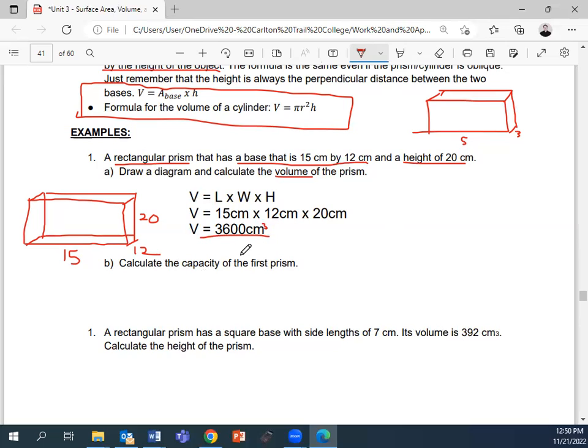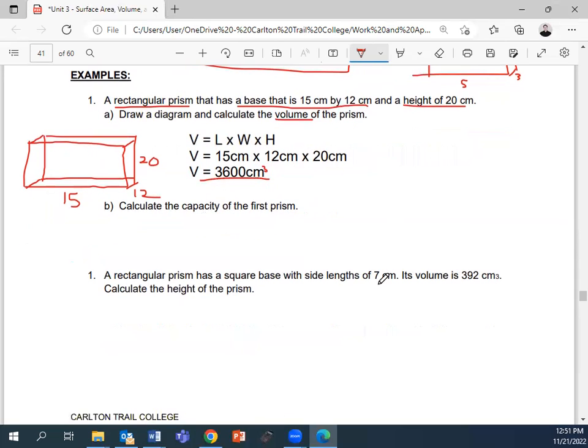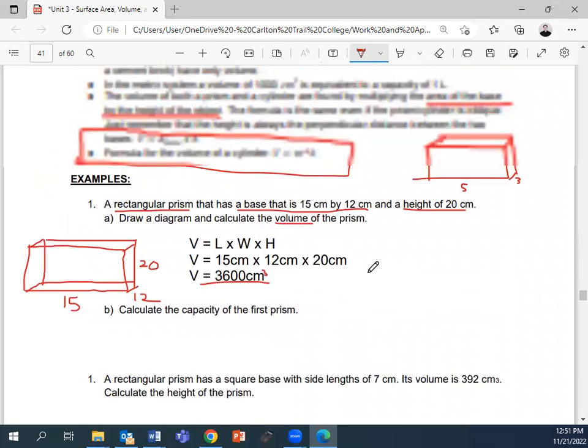As long as we got the right answer, right? Guys, it doesn't matter. We're moving on. 1.2 liters.